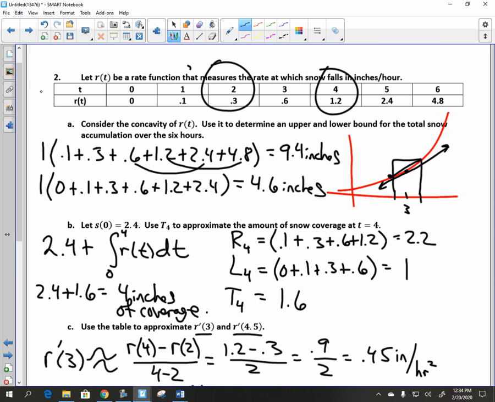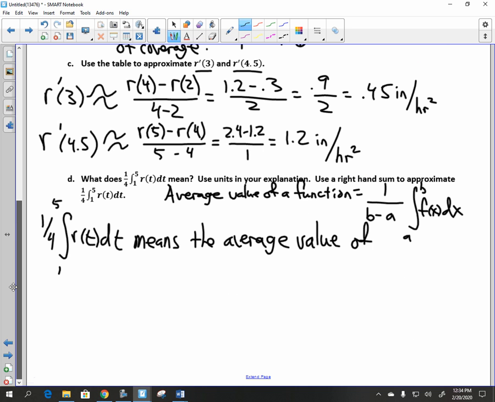The average value of the rate of the snowfall, during what time period?